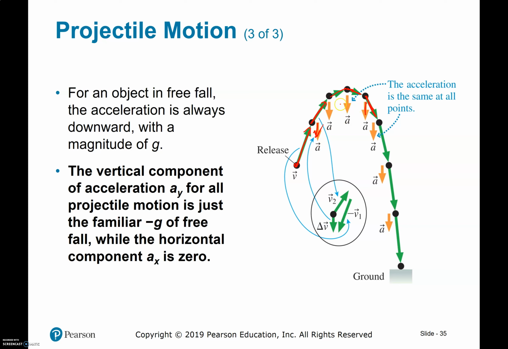In all cases, you'll get the same vector a. That is telling you that the acceleration is always a vector that points in the same way, which is what you would expect: gravity. So the acceleration is a vector that points down. It has a magnitude g, and typically you write it as a vector that points in the negative direction, if you choose to do so.